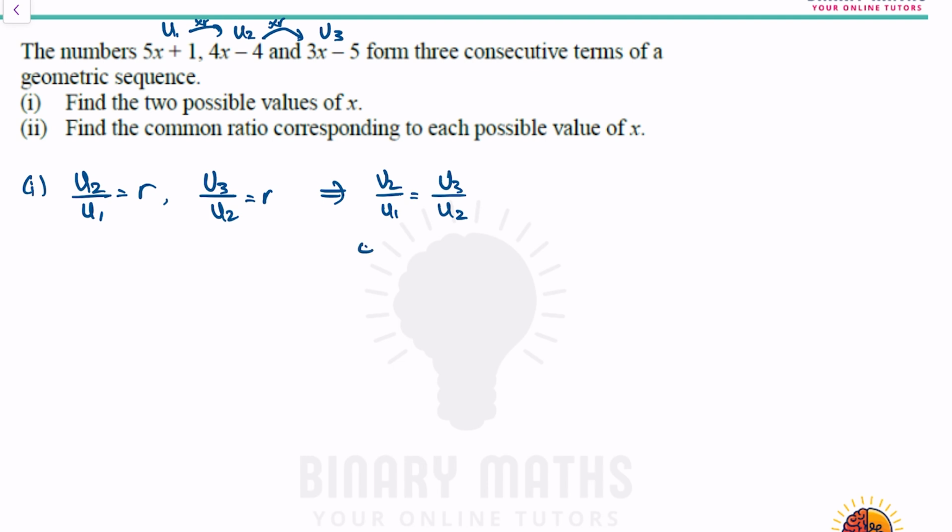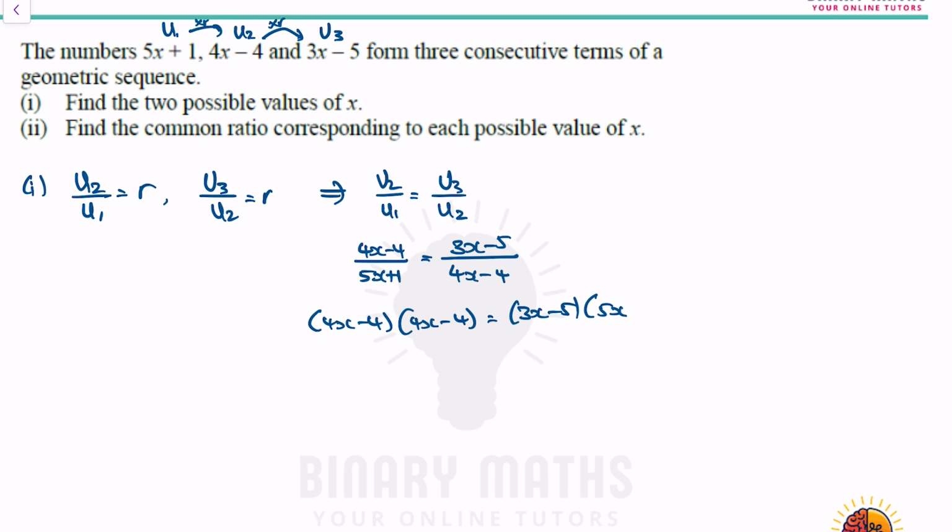So that means 4x take away 4 over 5x plus 1 is equal to 3x minus 5 over 4x minus 4. So let's cross multiply. So if I do 4x minus 4 times 4x minus 4, it will be equal to 3x minus 5 times 5x plus 1.